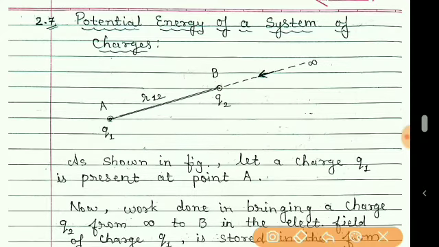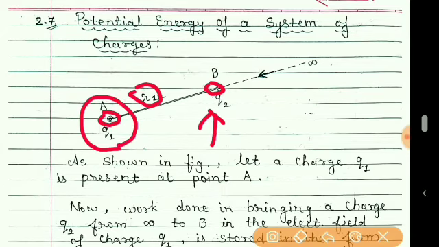But if there is a charge Q1, and I place a charge Q2 around it at some distance r, then we know that to put this charge Q2 in the electric field of charge Q1, we need to do some work.